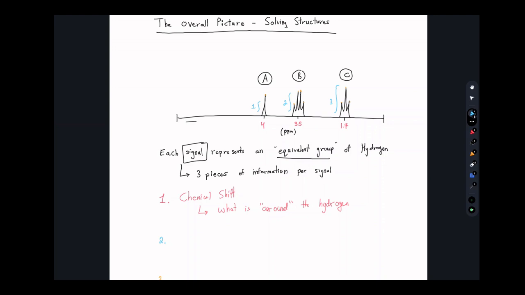The second piece of information that each signal gives us is the integration. As you can see, the chemical shift is beneath the x-axis, and sometimes the integration is given in different ways, but typically I've seen it given as a number beside an integral. Now, integration, this number that each signal will have, represents the number of hydrogens represented by a signal.